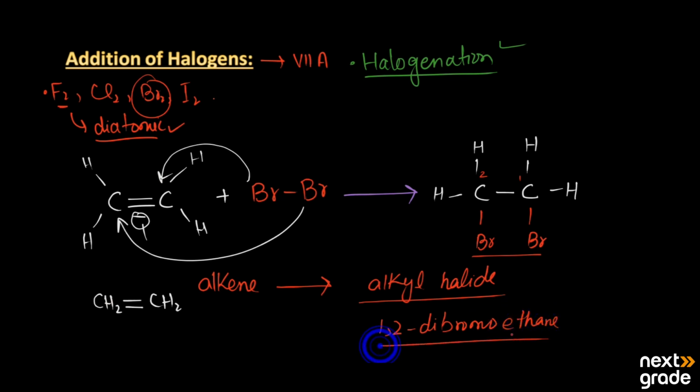So we can easily convert an alkene into an alkyl halide with the help of halogenation, or the addition of the halogen, and this process is done in the presence of carbon tetrachloride, CCl4. This is mainly the solvent that we use in this process.